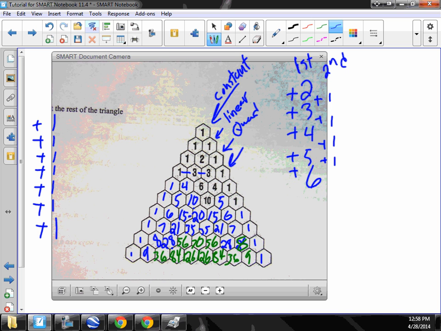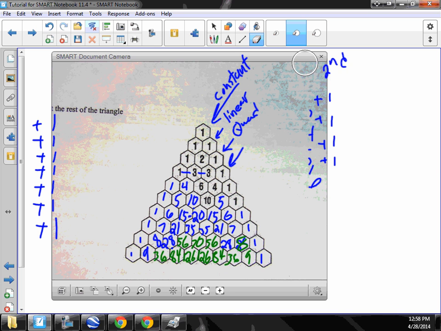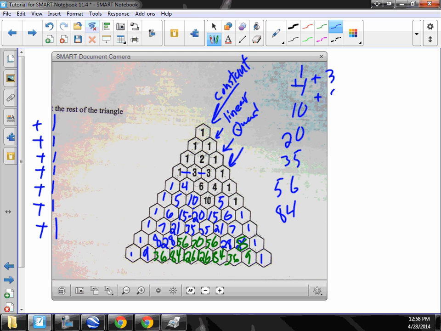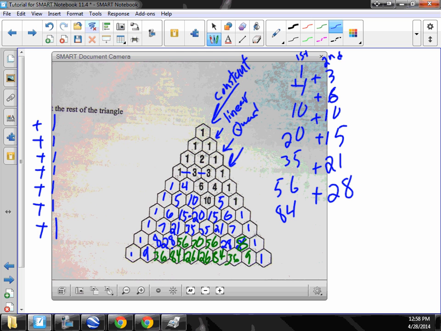Okay, so let's look here. I'm just going to write 1, 4, so I can see this a little bit better. 10, 20, 35, 56, 84. So this is plus 3 plus 6 plus 10 plus 15 plus 21 plus 28. So these are my first differences. These are my second differences.